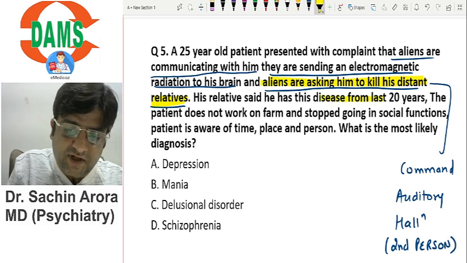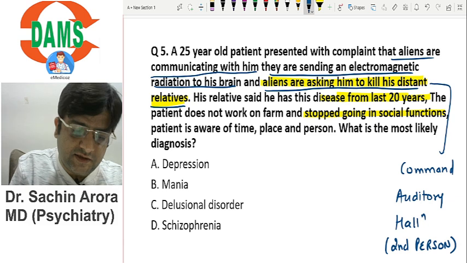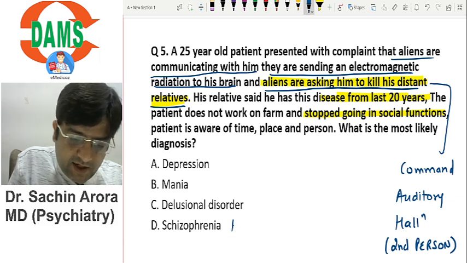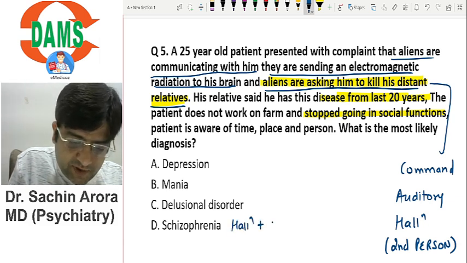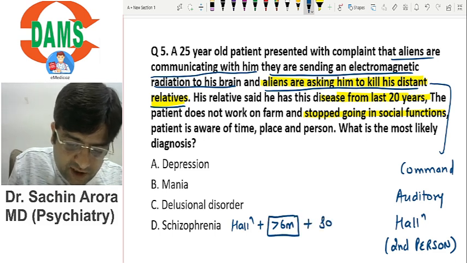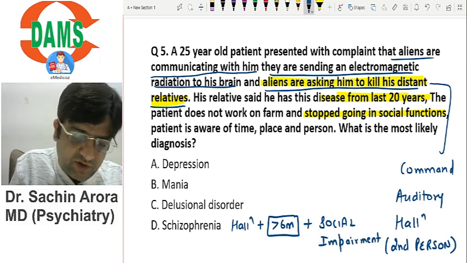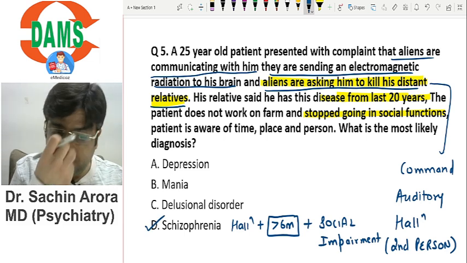Disease for the last 20 years. He has stopped going to social functions. So it is hallucination plus more than 6 months duration plus social impairment, which is towards the diagnosis of schizophrenia.